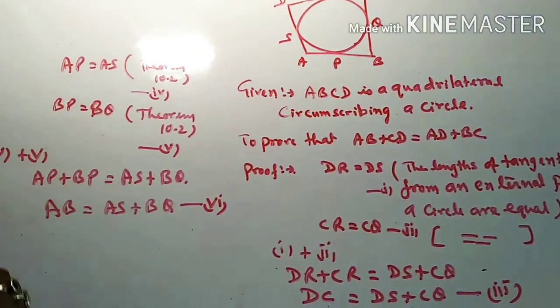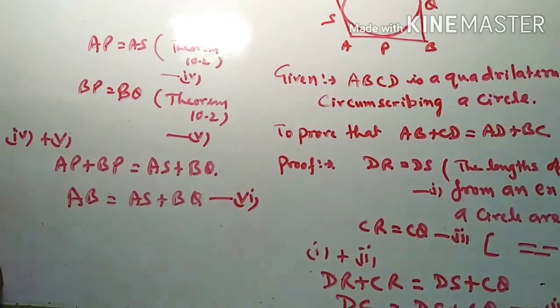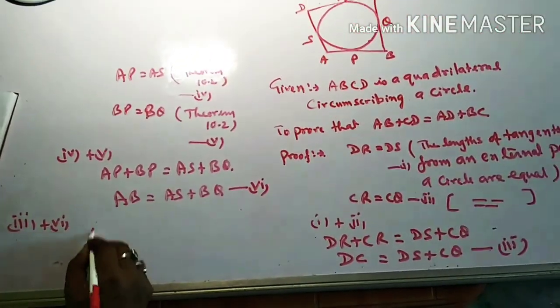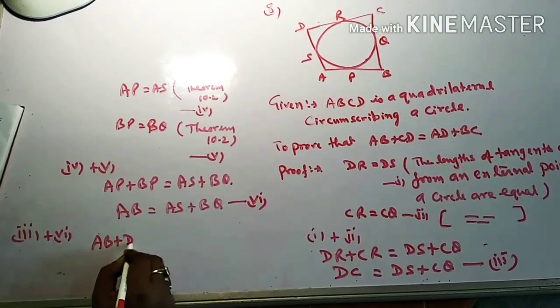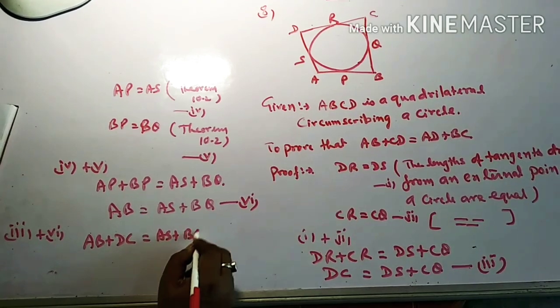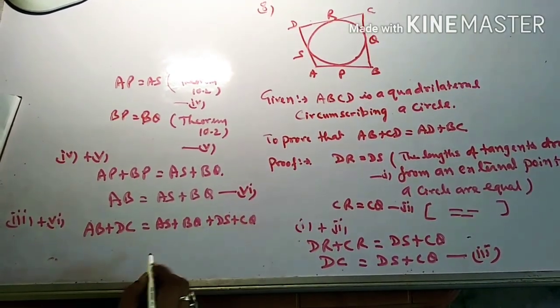Now add 3 plus 6. What do we get? AB plus DC is equal to AS plus BQ plus DS plus CQ.